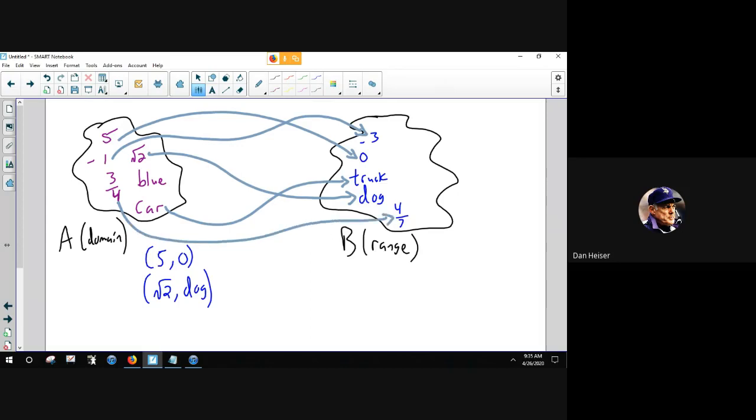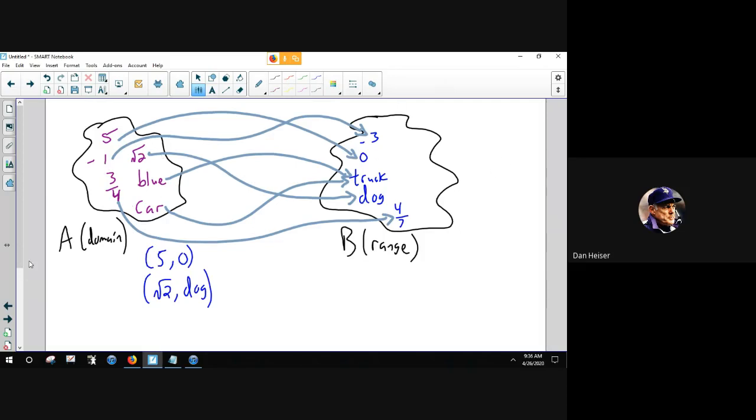Every element of A still has one element of B. Blue, I'll also pair with truck. I still have a function. Every element of A still has exactly one element of B.